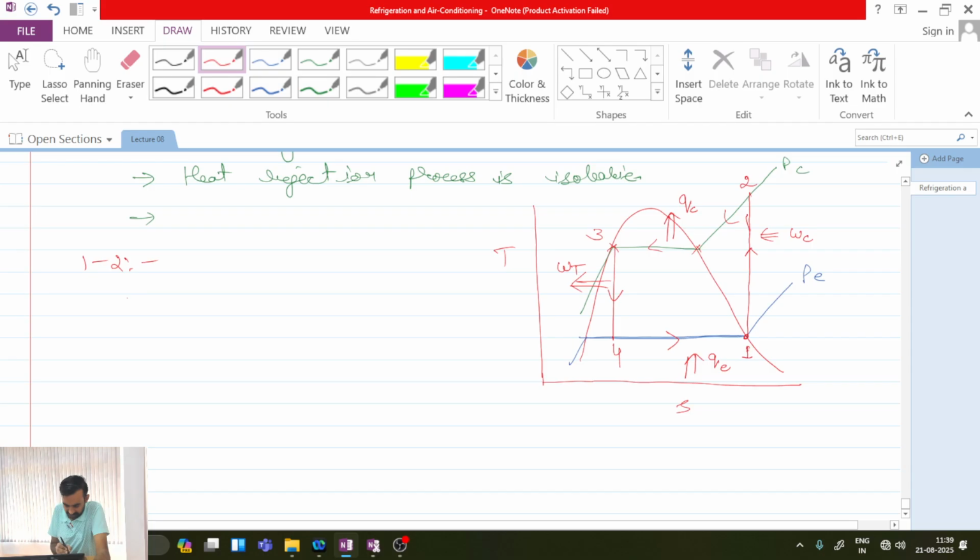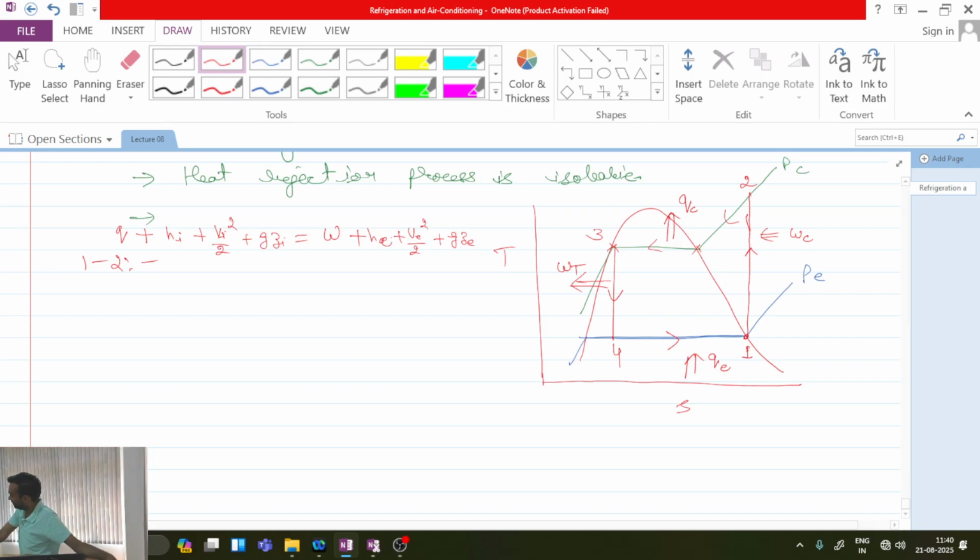So for a steady flow process, in general, I can write, on per unit mass basis, heat input plus incoming enthalpy plus Vi square by 2 plus g Zi has to be equal to work done by the device plus outgoing enthalpy plus Ve square by 2 plus g Ze. If e represents exit, i represents inlet. Is this one clear? This is for a single inlet, single outlet steady flow device.